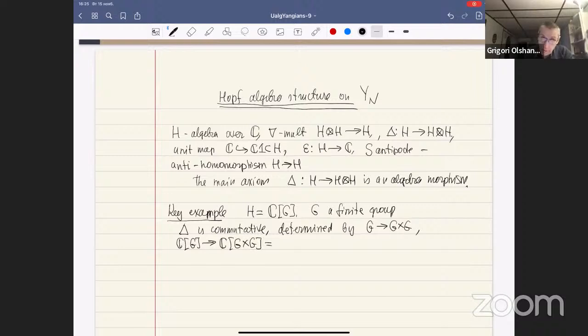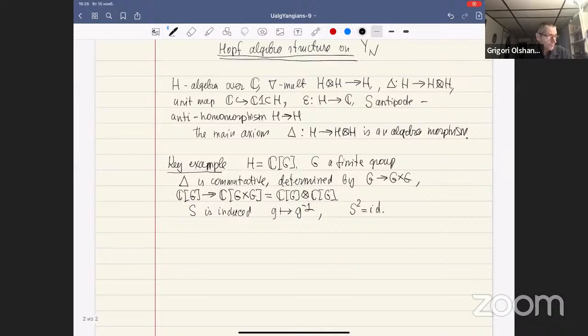In the case of a finite group, this is the tensor product. And the antipode is induced by the inversion, which is an anti-homomorphism of the group itself, and hence of the group algebra too. And in this example, the squared antipode is the identity map for trivial reasons.